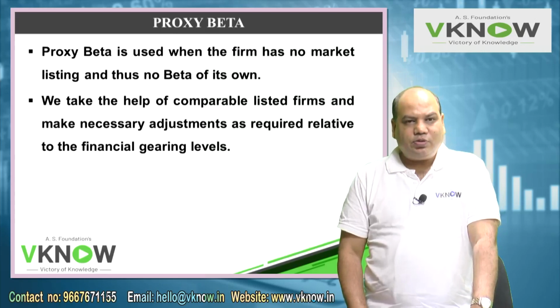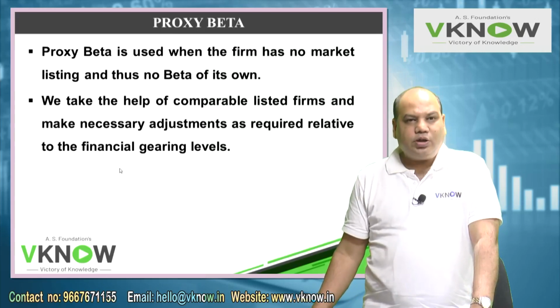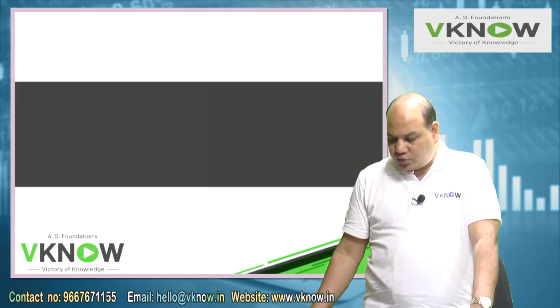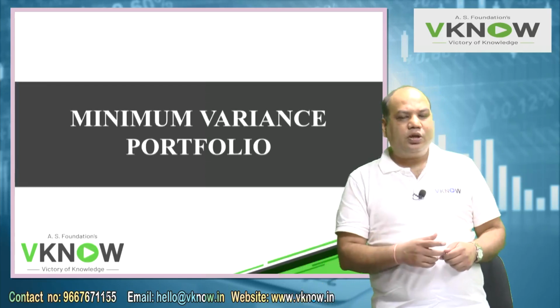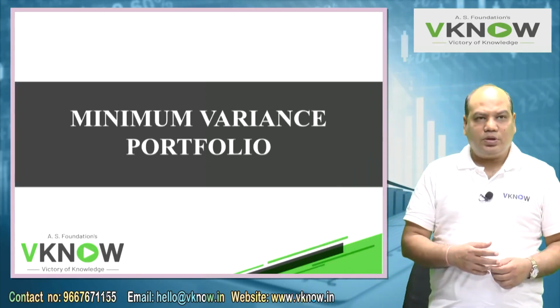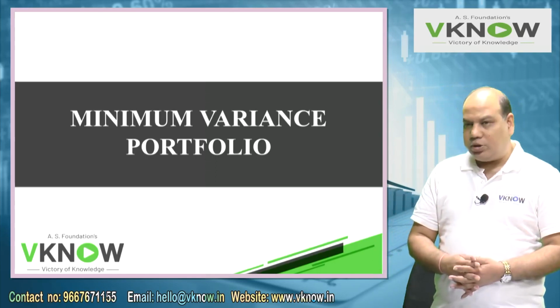Necessary adjustments will be made for difference in debt equity ratio, tax rate, and you will be able to find out the beta of that unlisted company. So when we use another company's beta to arrive at the beta of an unlisted company, then that other company's beta is called proxy beta.